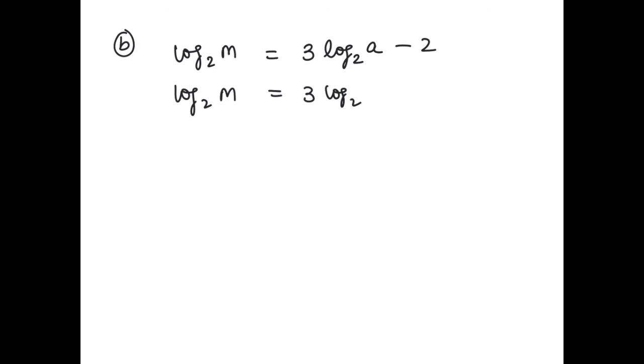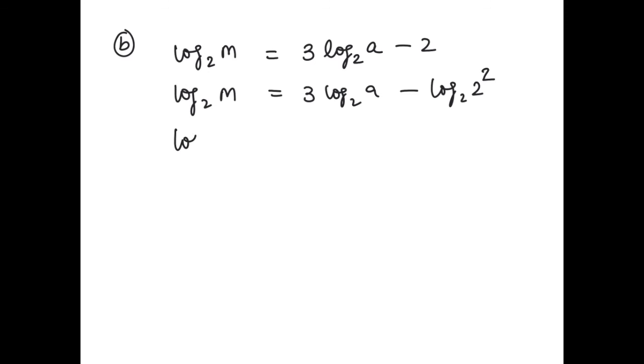Now next one is log base 2 of m equals 3 log 2a minus 2. To apply the log laws, we need to change 2 as log base 2. So we can write this as 2 to the power 2.